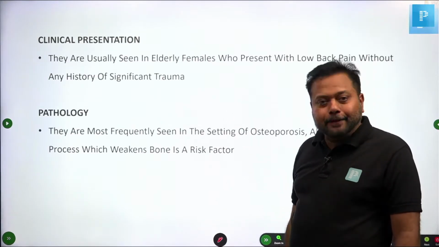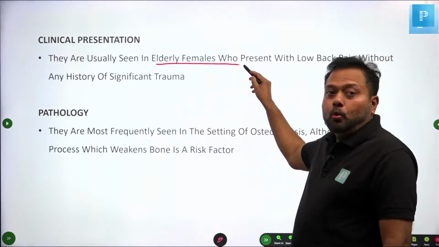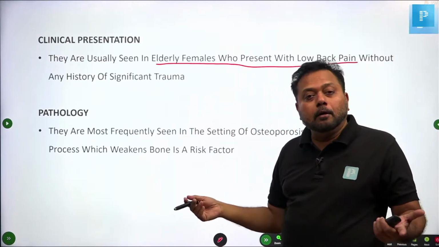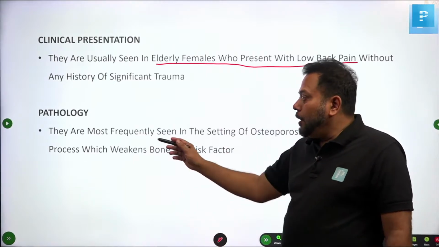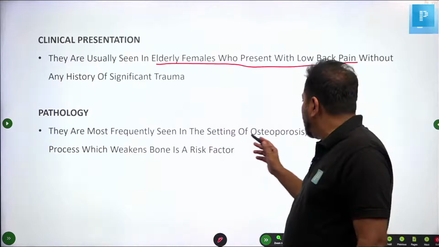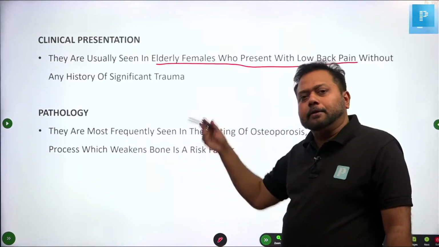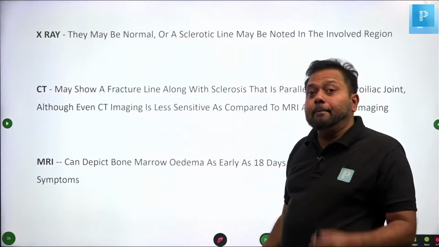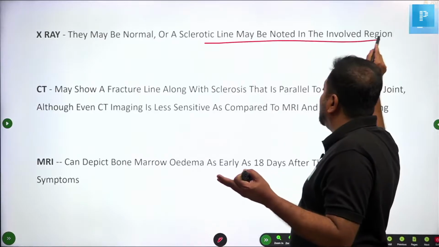Now, clinical presentation. They are usually seen in elderly females who present with low back pain without any history of trauma. They are most frequently seen in the setting of osteoporosis, although anything which weakens the bone is a cause. When you take an X-ray, it may be normal, or a sclerotic line may be noted in the involved region.